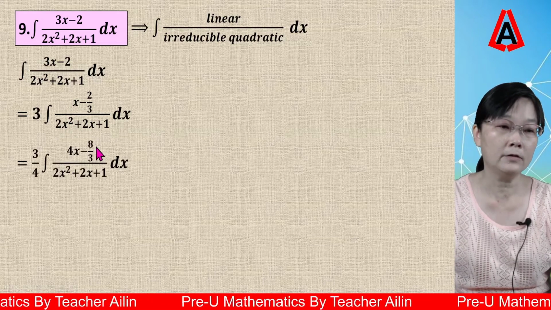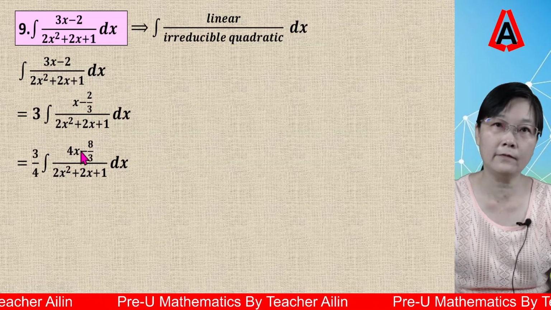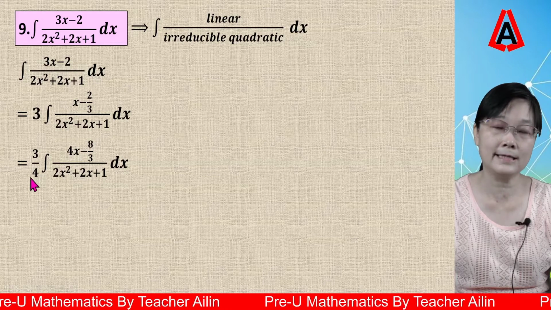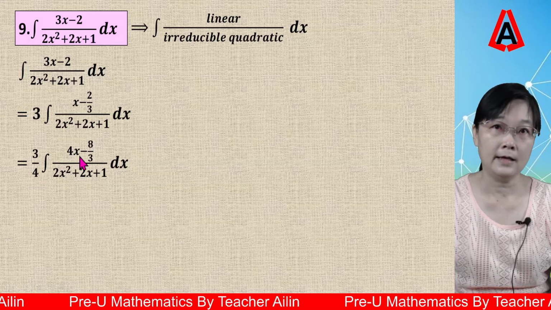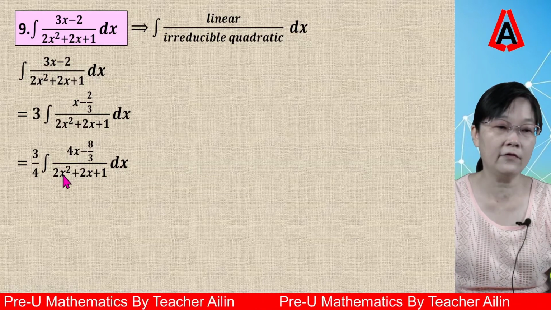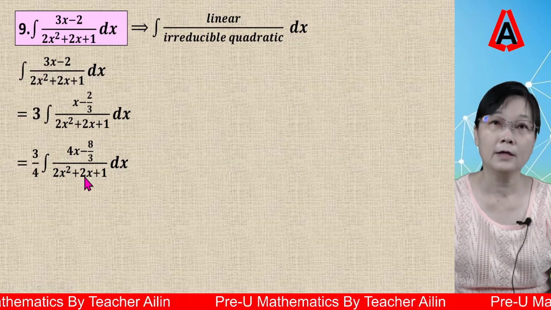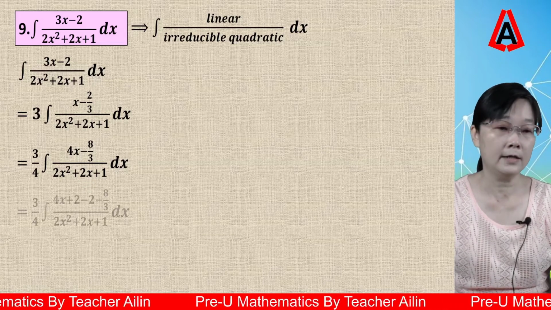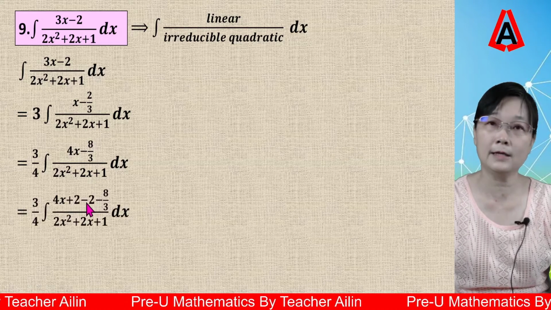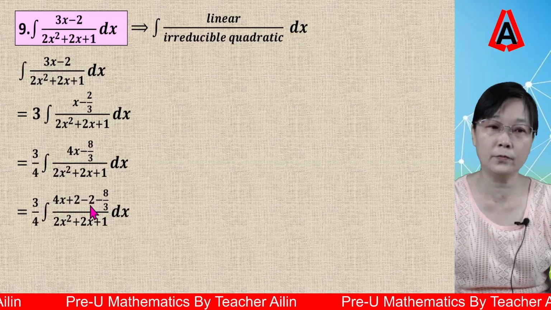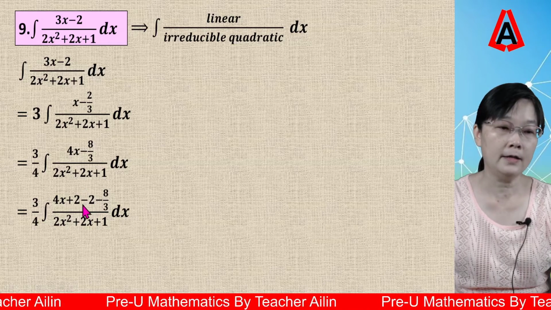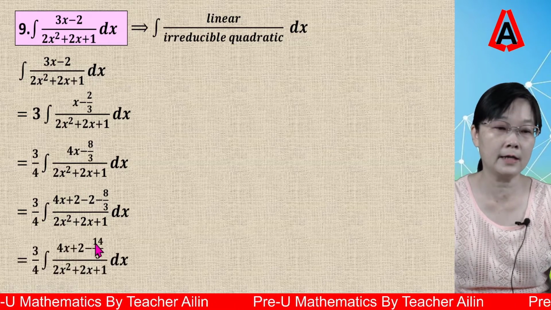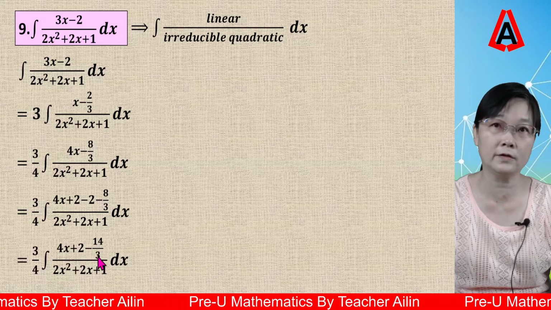So when I multiply the numerator with 4, then at the same time, I must divide the same number out here. And since the derivative is 4x plus 2, then we are still short of plus 2. So now I insert plus 2 and at the same time minus 2 back. And I combine negative 2 minus 8 over 3 becomes negative 14 over 3.